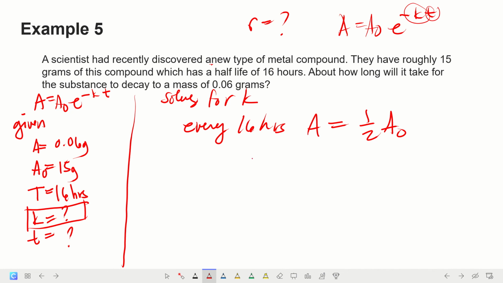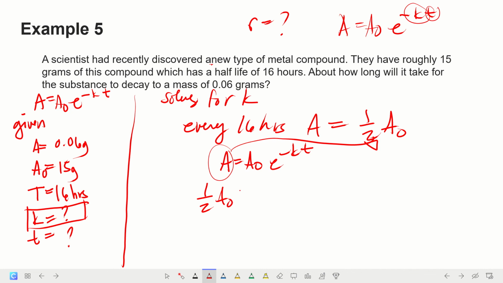So, therefore, in our equation, a is equal to a sub o times e raised to negative kt, we can substitute a with 1/2 a sub o. So, 1/2 a sub o is equal to a sub o times e raised to negative k, and our time here is the half-life, so times 16 hours.